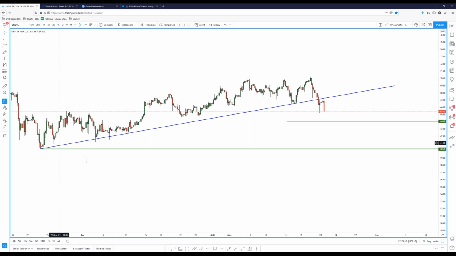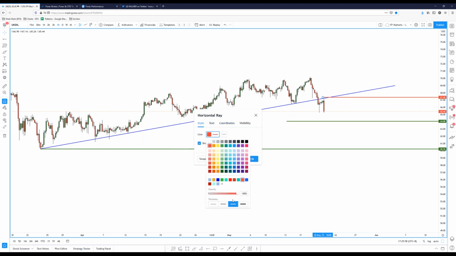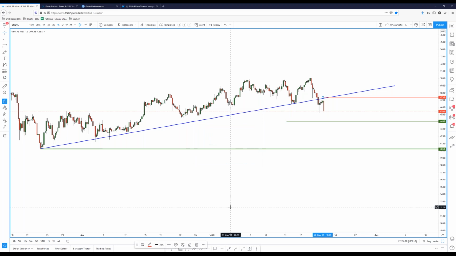These are the key levels that I really will be looking out for. If price comes back above this trend line here at 67.40, I'll round it off to 67.40, it would reintegrate the trend line. Then this would be a fake out, and I can safely say that we're probably going to go long again.